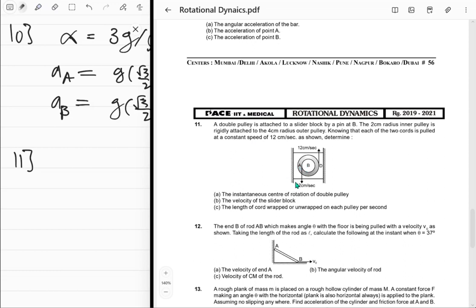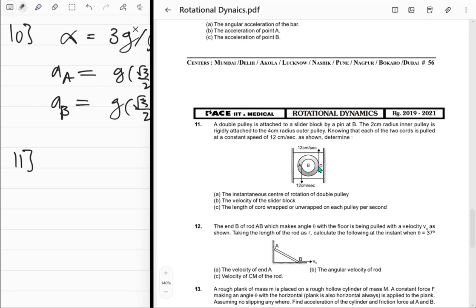Double pulley. Oh, so this A and B, this thing is a double pulley attached to a slider block. So this is the block they're talking about. Oh, okay. So you got thread attached and then it's going like that.